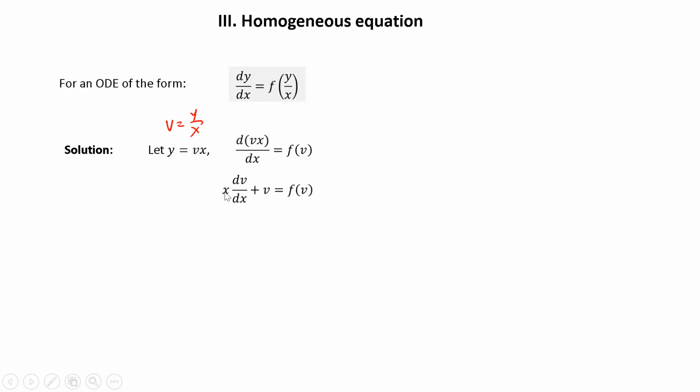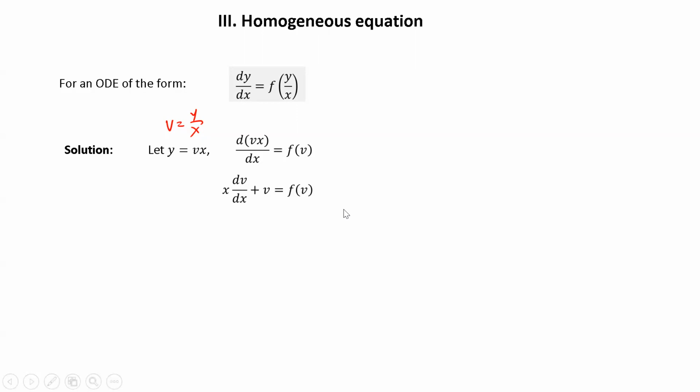Then I get x dv/dx plus v equals f of v. So now we have transformed this equation that involves x and y into a differential equation which involves x and v. We get rid of the y.